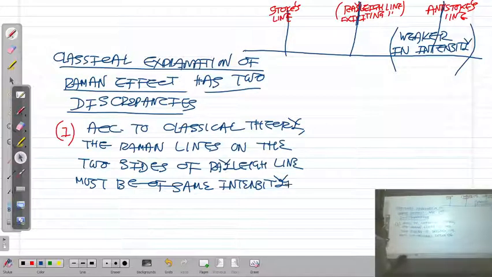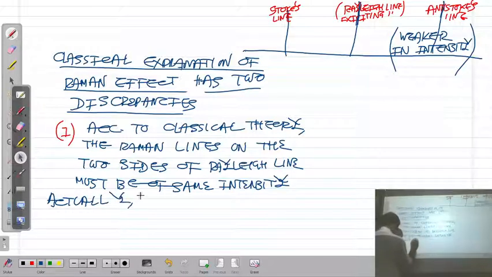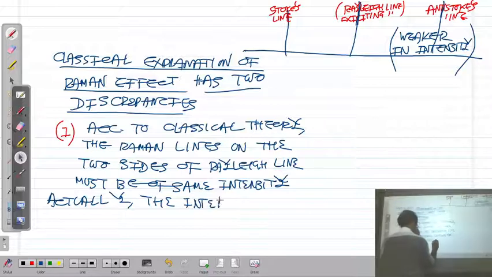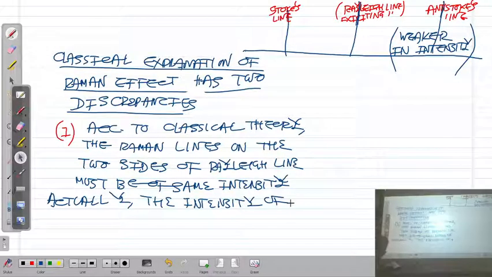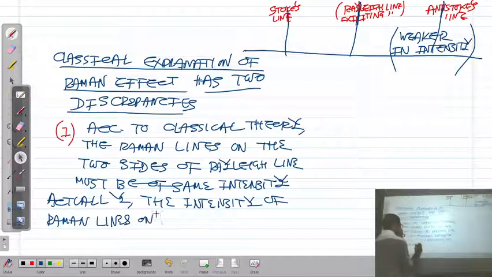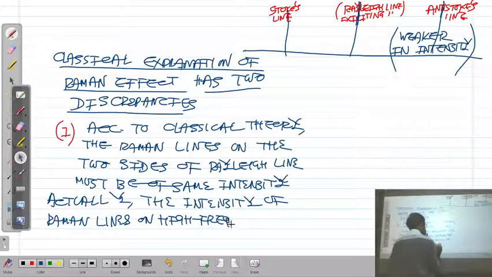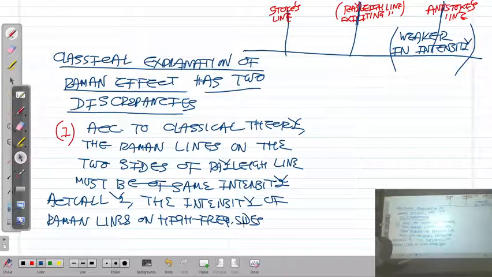Actually, the intensity of Raman lines on high frequency side, what is the name of Raman lines on the high frequency side?